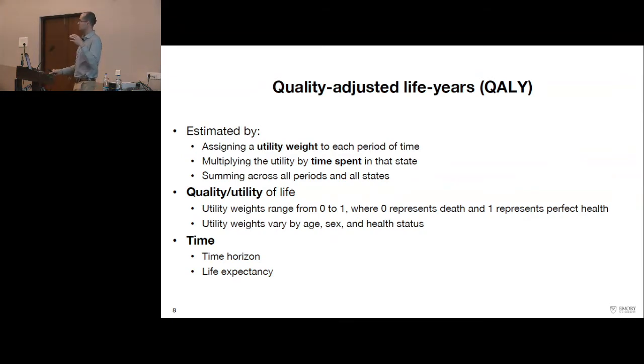And once you have the quality, the utility, it usually ranges between 0 and 1, where 0 means death and 1 means perfect health. And anything between that, in any condition that is not perfect health, has a value somewhere between 0 and 1. Once you have the time dimension and the quality, you just multiply the two. Of course, only for the period of time that quality applies.